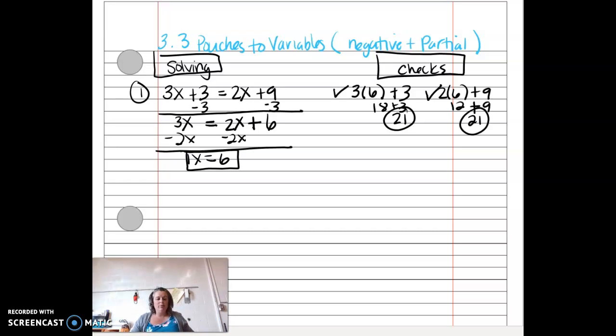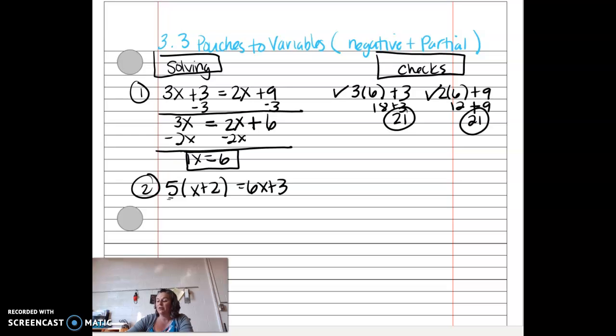Let's look at one that has a grouping symbol. All right, so for example, what if I had 5 times the quantity x plus 2 equals 6x plus 3? Okay, this 5 next to the parentheses says that I have 5 groups of a bag and 2 coins. So if I were to draw this out, I'd have a bag plus 2 extra coins, a bag plus 2 extra coins, a bag plus 2 extra coins.